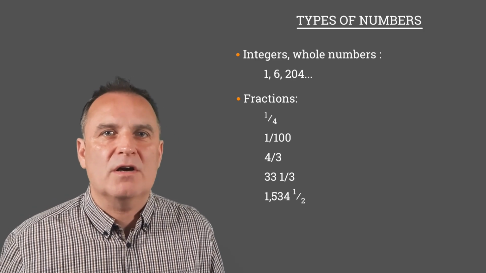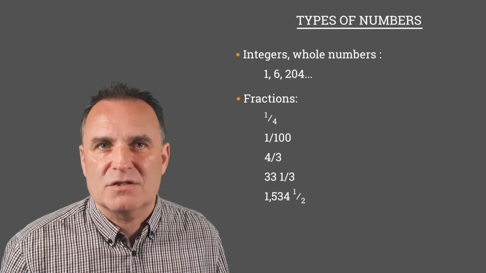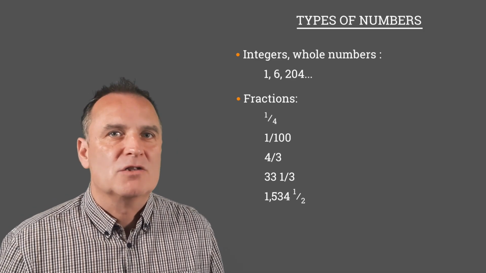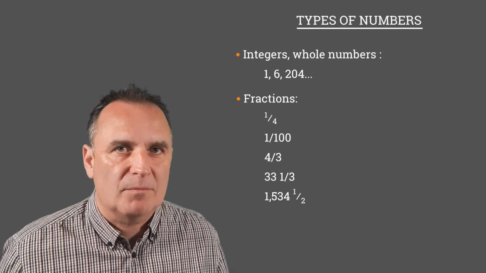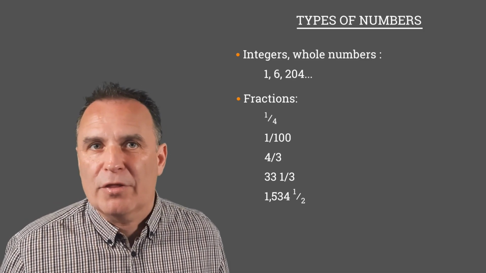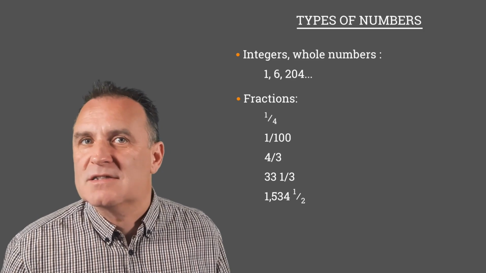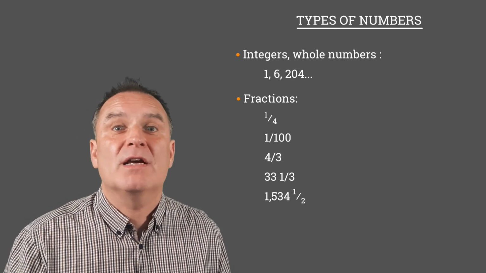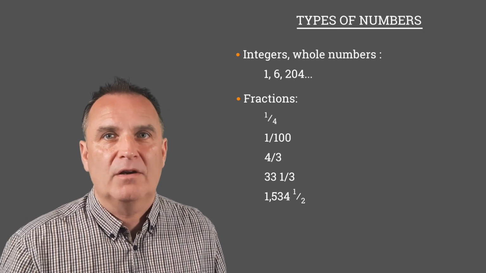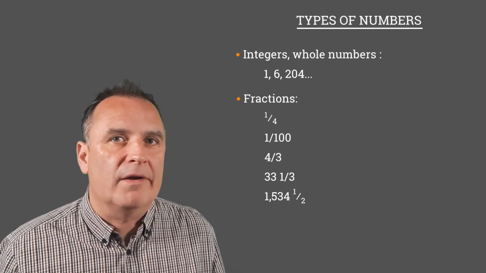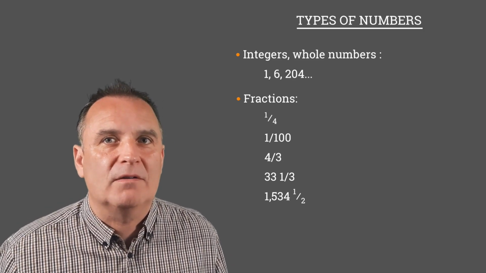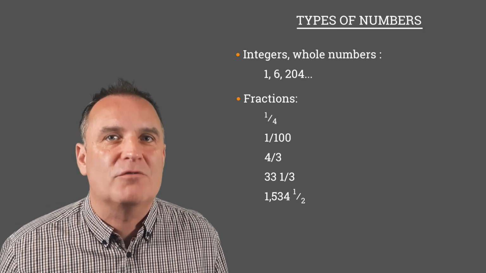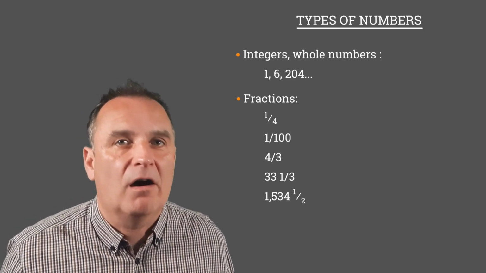On the other side of the coin, we have fractions or decimals, right? So a fraction might be a quarter, 1/100th, 4/3, 33 and a third, right? Or a number like 1,534 and a half.